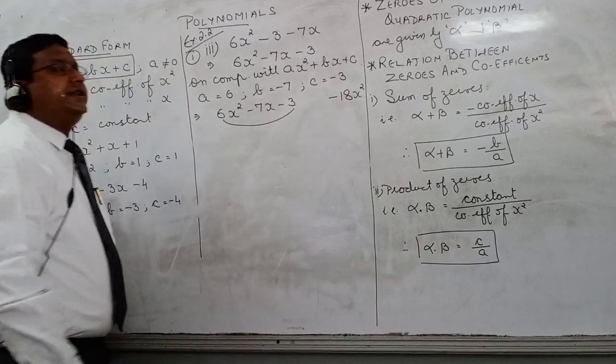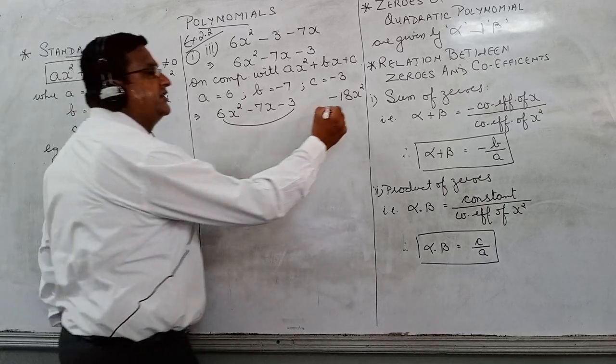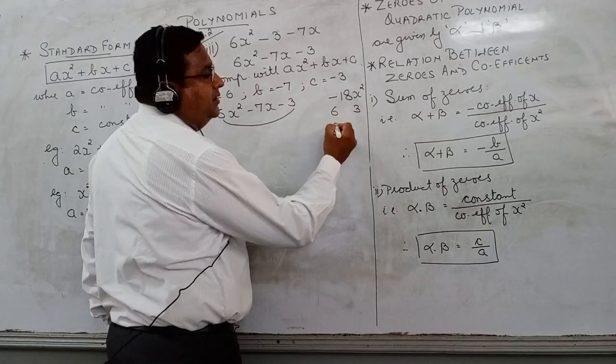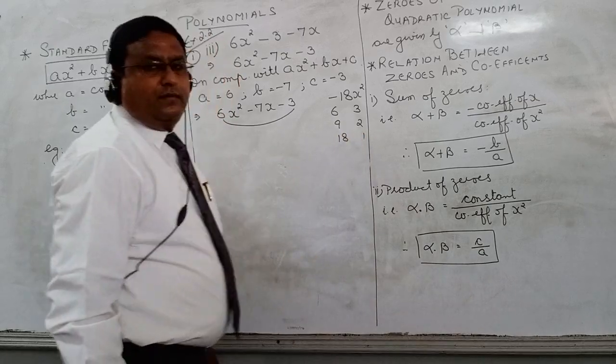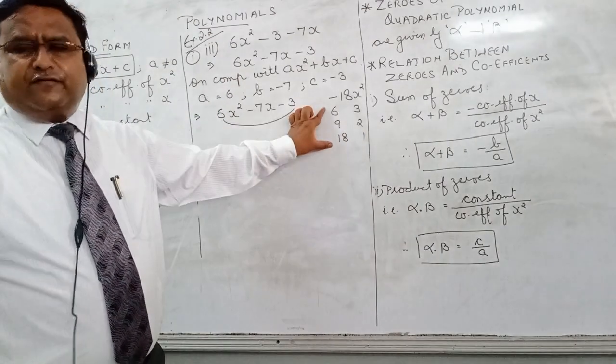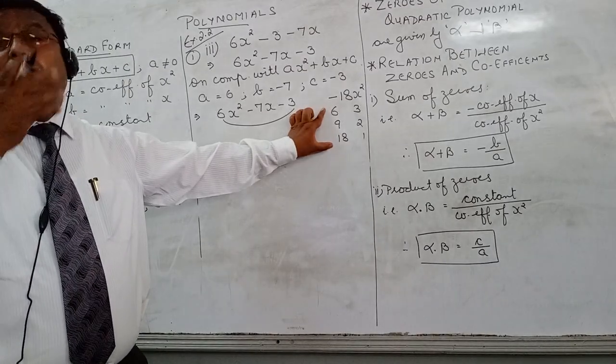So how do we get 18? Sir, 6 3s are 18, 9 2s are 18, 18 1s are 18. These are the three pairs. More are there in fractional form also, but we are going to take the whole numbers.